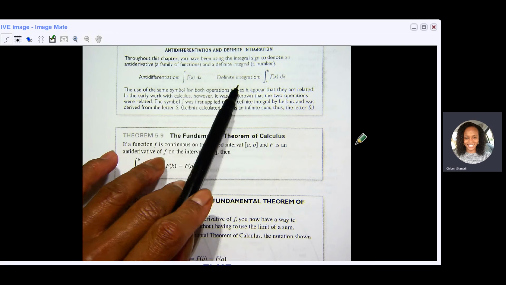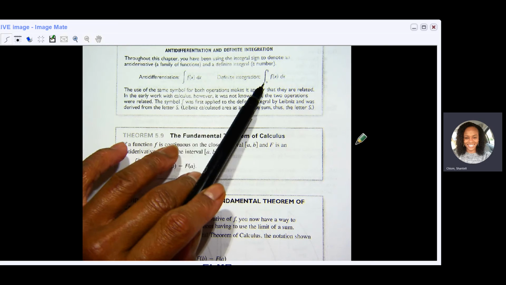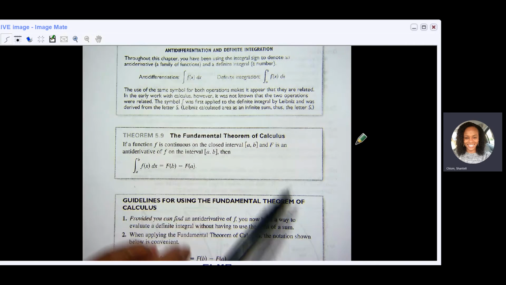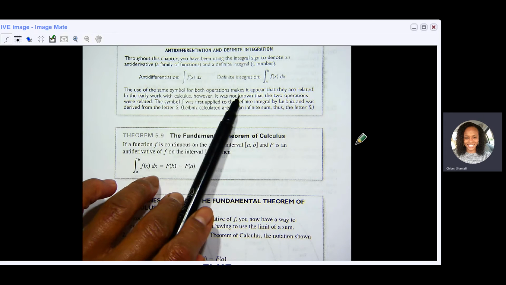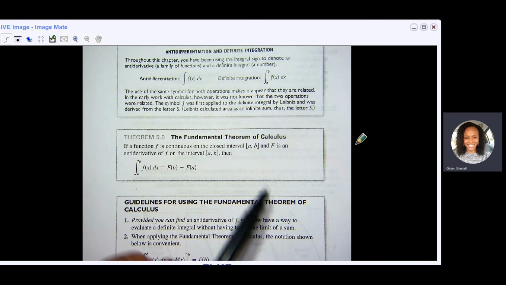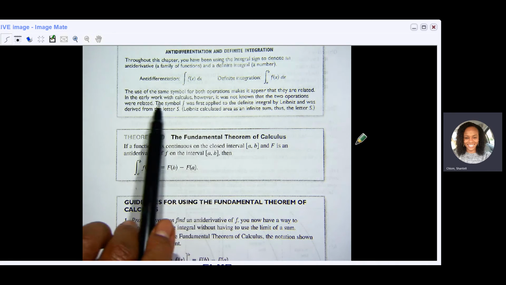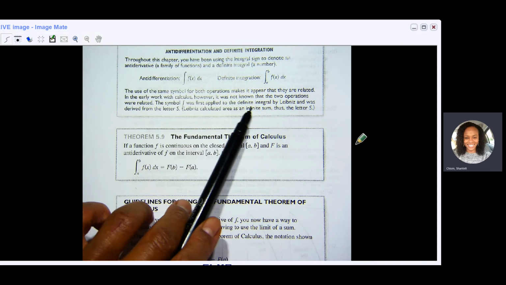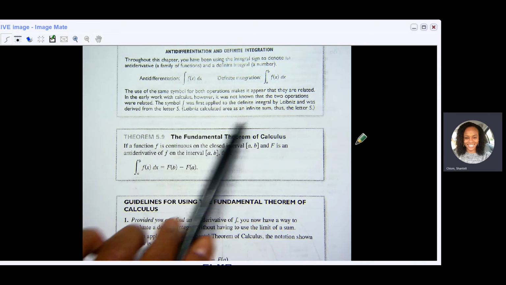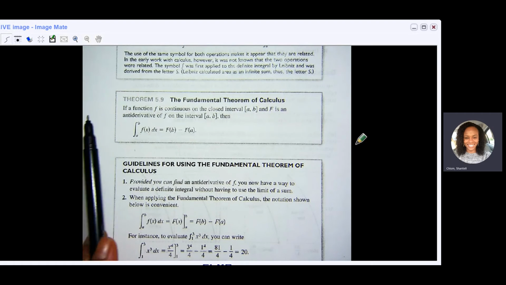And here is the definite integral of this function from a to b, f of x with respect to x. Notice that it's the same symbol. The use of the same symbol for both operations makes it appear that they are related. In the early work with calculus, however, it was not known that the two operations were related. The symbol, the elongated s, was first applied to the definite integral by Leibniz and was derived from the letter s.